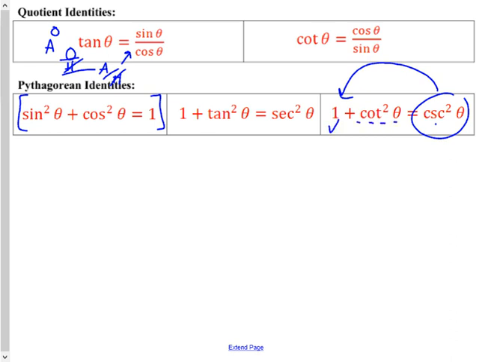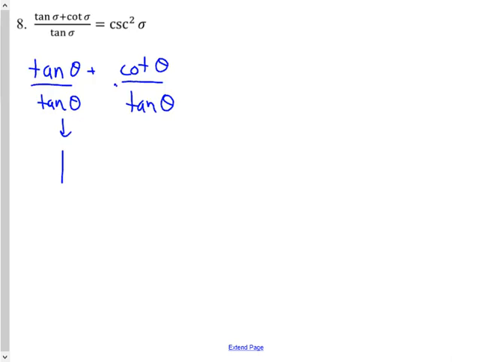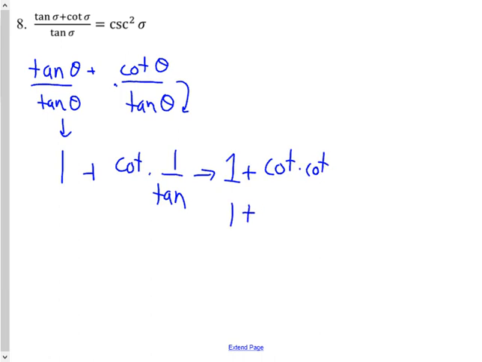Now we need to turn 1 over tangent, or cotangent over tangent, into cotangent squared. So watch this. We're going to split this into cotangent times 1 over tangent. And what's 1 over tangent? It is also cotangent. So this becomes cotangent times cotangent, and therefore 1 plus cotangent squared equals cosecant squared.